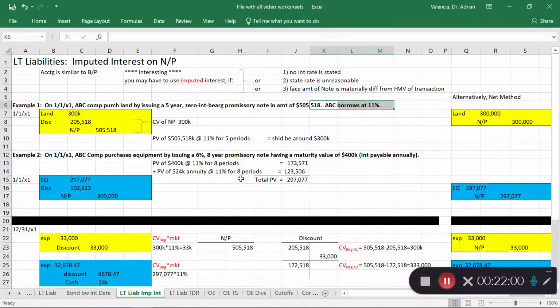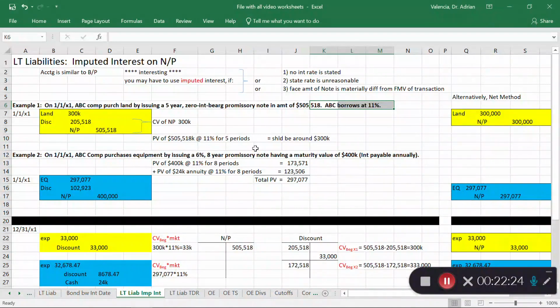And you may wonder why these things occur, right? Well, from a business perspective, sometimes companies issue these promotional things, zero interest bearing notes or interest that's lower than the reasonable amount, as a marketing approach. It'll get people to come in and say, well, the interest is low, so I'm going to get a better deal.